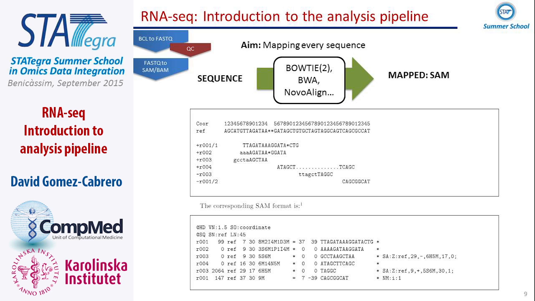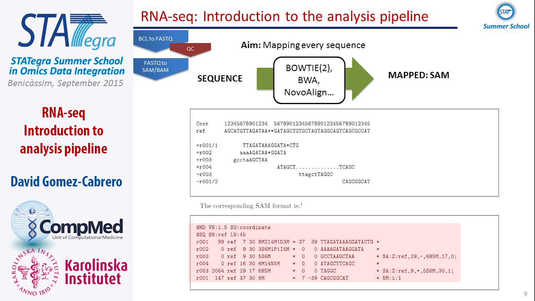I want to just show you, because sometimes it's good that you are able to read a bit into the file. So imagine we have a sequence like those ones that I'm showing here. And imagine we have a reference like this one, and this reference has only 1 chromosome. So that's easy. Then I need to find a way to say, well, this sequence is mapping in this location.